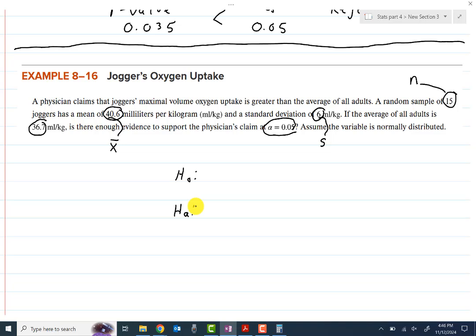So let me see, is greater than is the phrase I'm looking for. So then I know that this part is going to say mu is greater than 36.7. And then the other one will be mu is less than or equal to 36.7. This here is the claim. And it will be a right-tailed test.